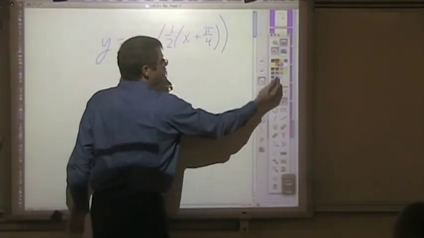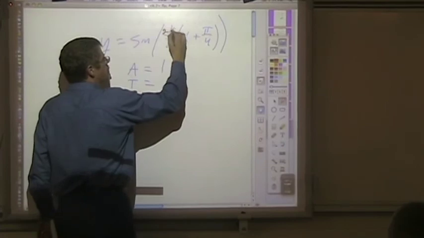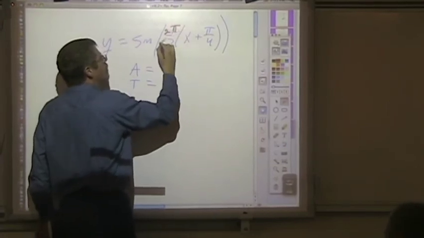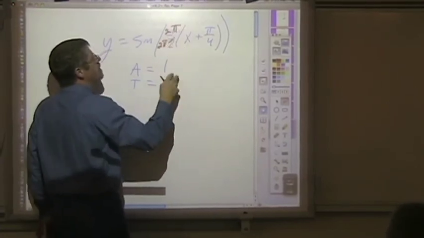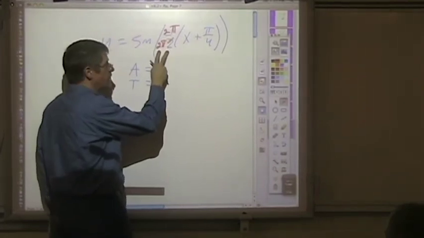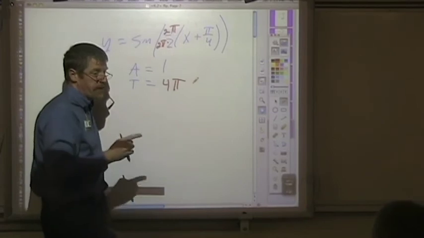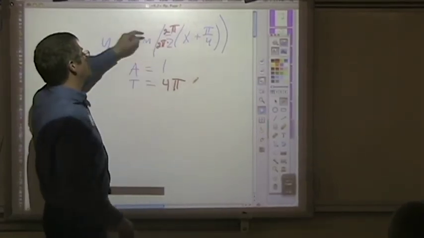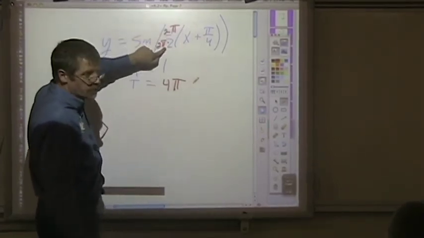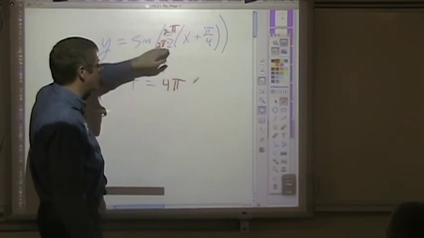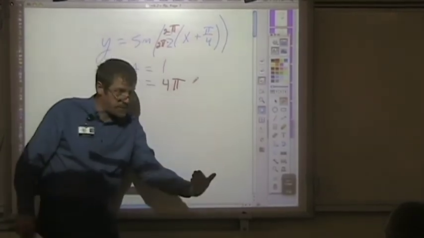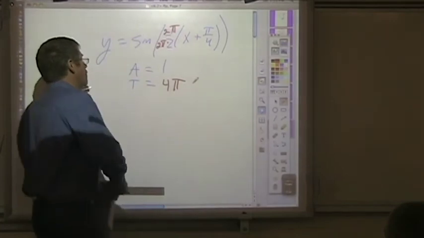I'm going to multiply by 1 in the form 2 pi over 2 pi. So now I see that there is something under the 2 pi. It's 4 pi. So that's one way to get a period of 4 pi. But another way is to say, well, it says 1 divided by 2. Dividing by 2 would multiply the period by 2. So that would be the other way to get 4 pi.